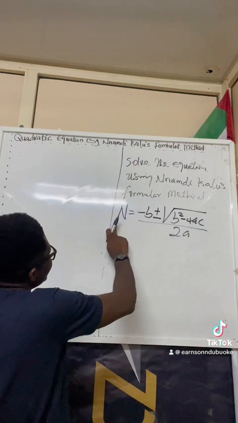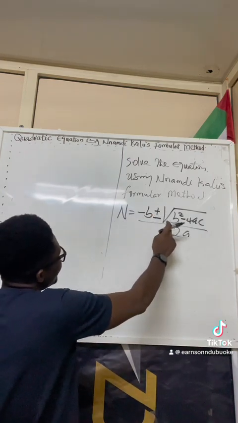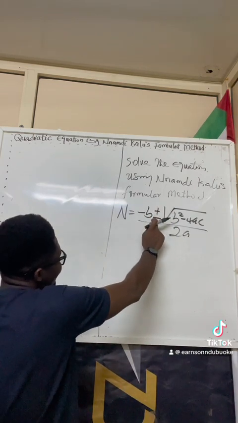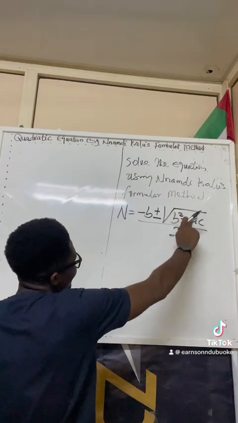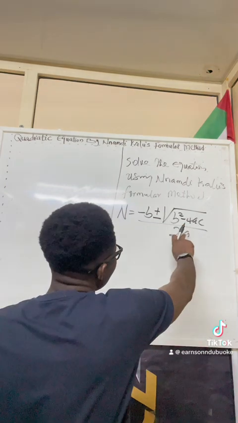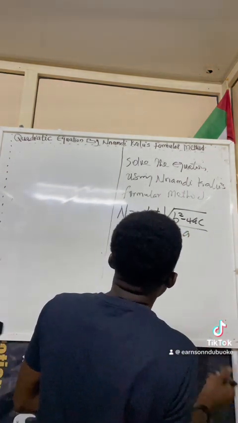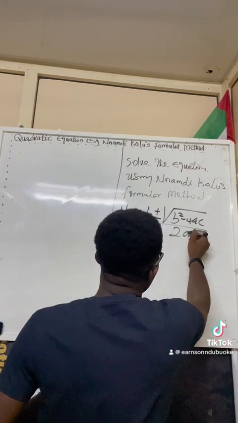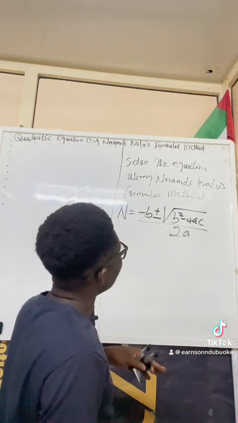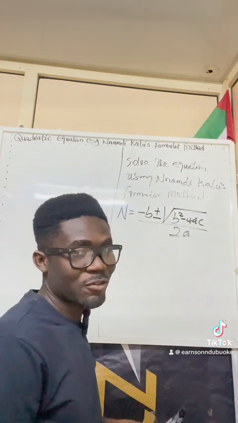So here n means Nnamdi Kalu, which is equal to minus Biafra, plus or minus meaning life or death, square root of square Biafra, minus 4, for the amalgamation of Nigeria expired since 2014. Since Nigeria is no longer working, we should divide it by 2. And this a here, as I told you earlier in my previous video, still remains constant. This a is telling us that no matter how they try to patch Nigeria, there must be a leakage and Nigeria must surely divide.